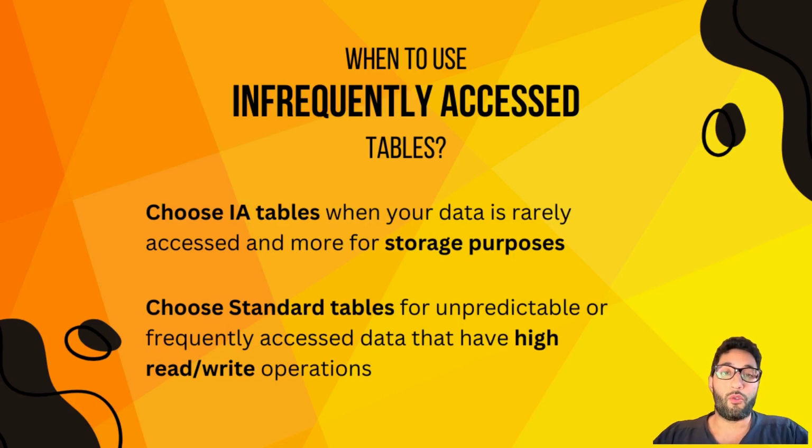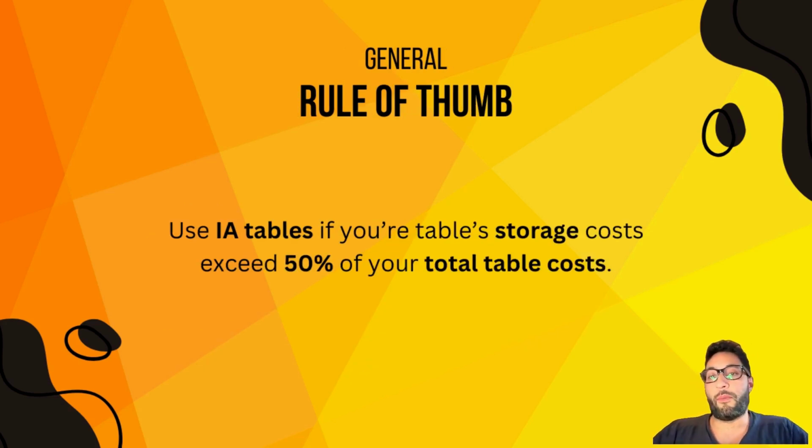So usually you choose IA tables when your data is rarely accessed and more designed for storage, and you should choose standard tables for unpredictable or just frequently accessed data that needs high read-write operations. And a general rule of thumb that I usually give people is that you should use IA tables if your storage costs exceed 50% of your total table cost.